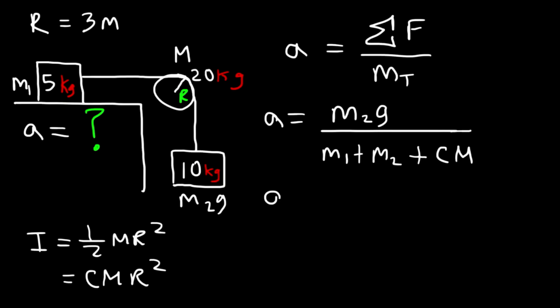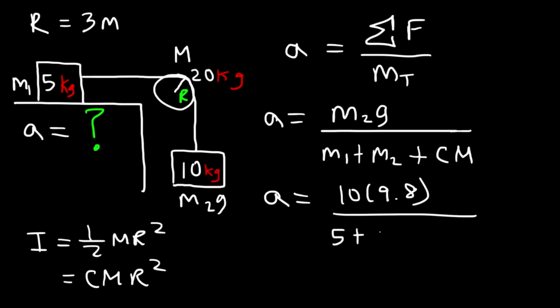So let's go ahead and calculate it. M2 is 10, G is 9.8, M1 is 5, M2 is 10, c for a disk is 1/2, and the mass of the solid disk is 20 kilograms.